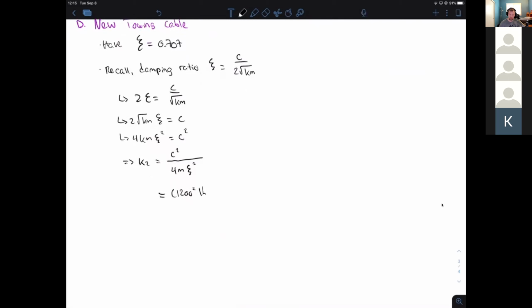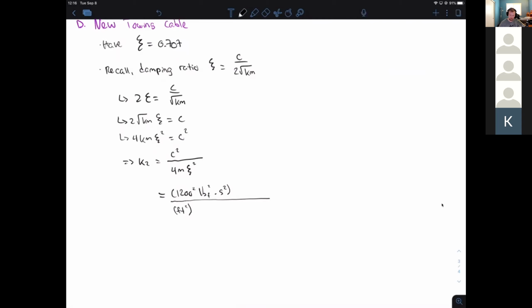So we have 1,200, and we have pound force times second squared, and then divided by feet squared. So for me, this is how I like to write everything out, where I'm carrying the feet squared to the bottom and not keeping it on the top line.